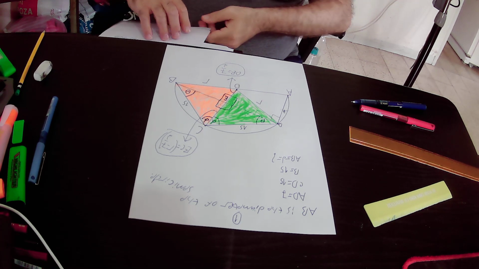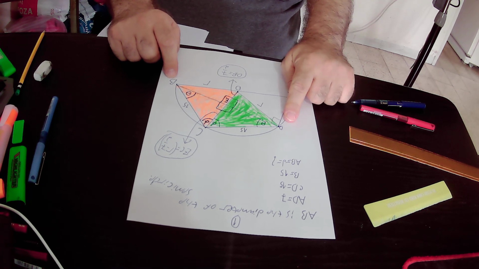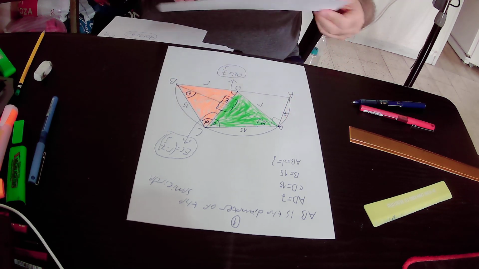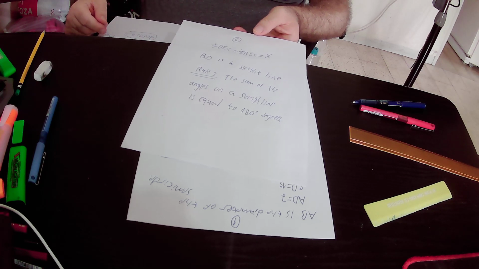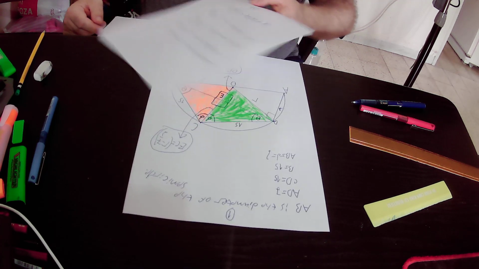Then we know that BD is a straight line because we connected points B and D by a straight line. And we have rule number 3, which states that the sum of the angles on a straight line is equal to 180 degrees.